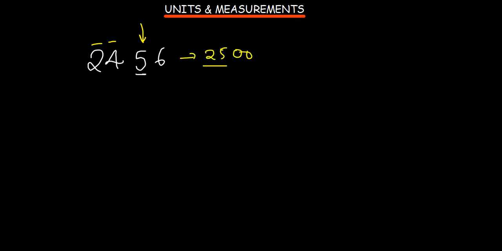Says 2 significant figures. But if we had something like this, let me put 2, 4, 5, 0, 0. They say round off this number to 2 significant figures. You are going to count 1, 2.